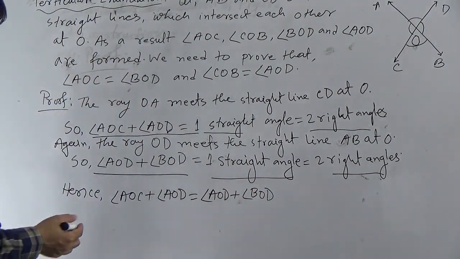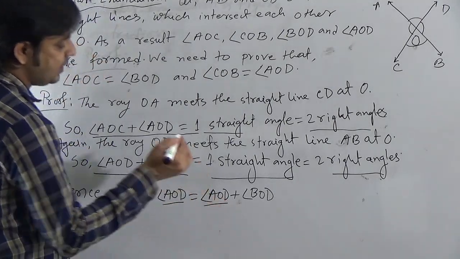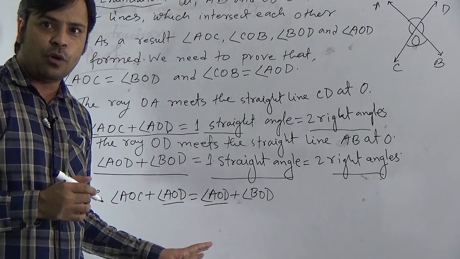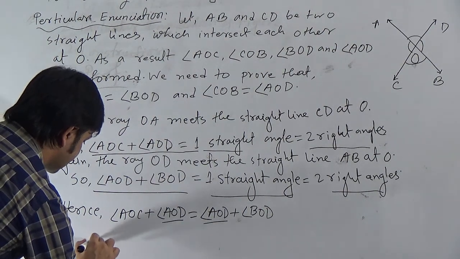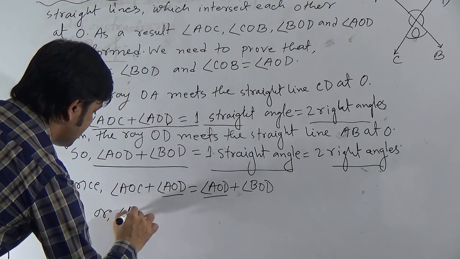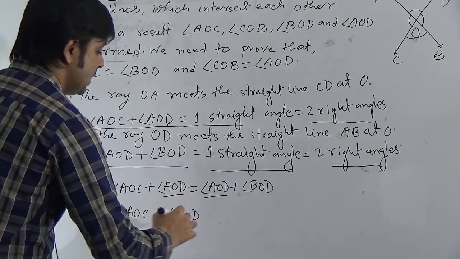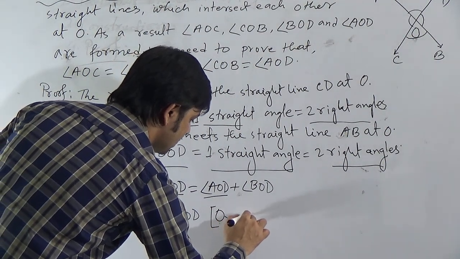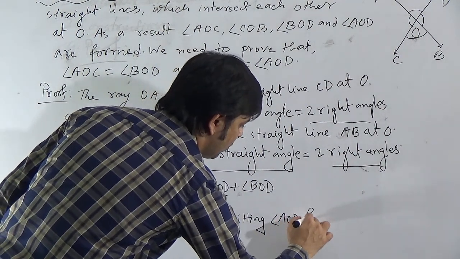Observe that on the left side here is angle AOD, on the right side also here is angle AOD. We can omit the same angle from both sides. If we omit, then we will get angle AOC equals angle BOD. We can use a side note here, omitting angle AOD from both sides.